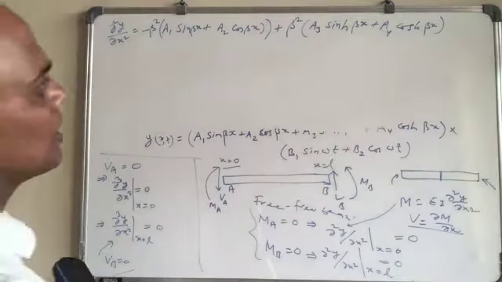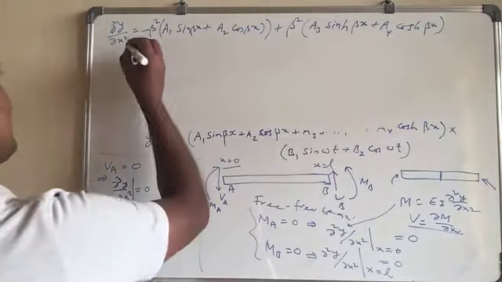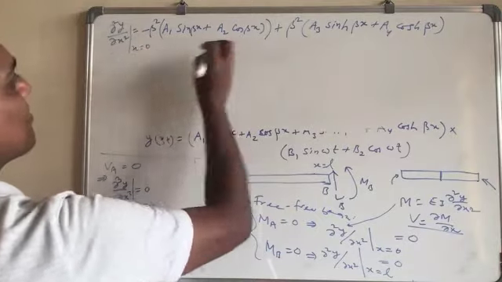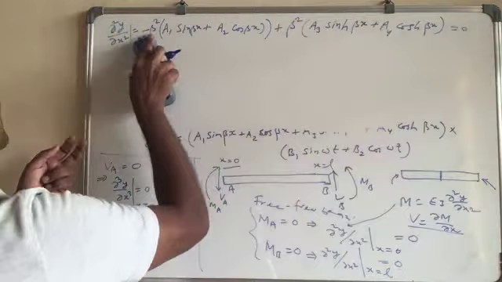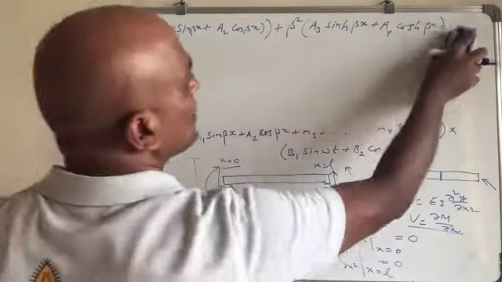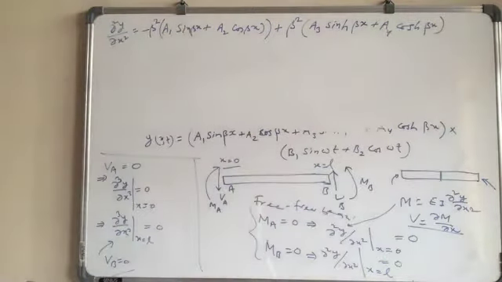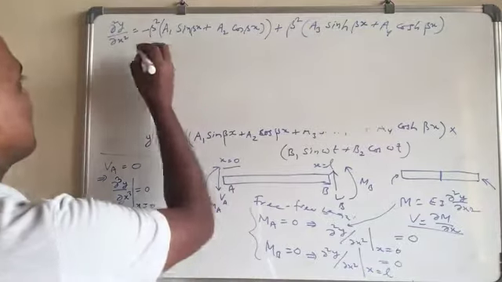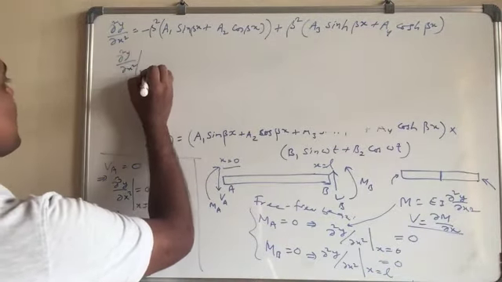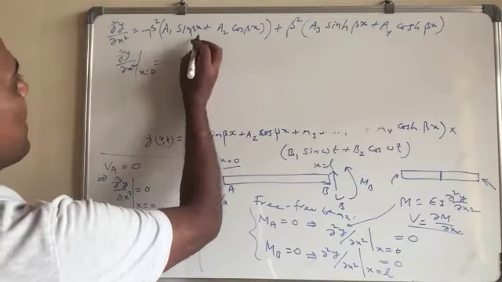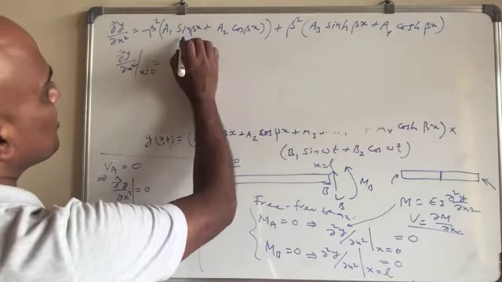At X equal to 0, everything is equal to 0. So what value do we get? Del square Y over del X square at X equal to 0, and these terms become 0 automatically.